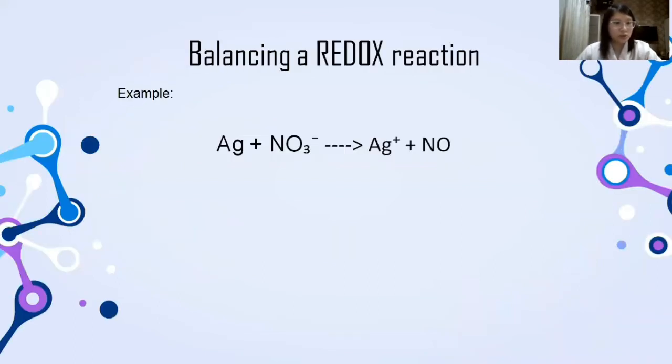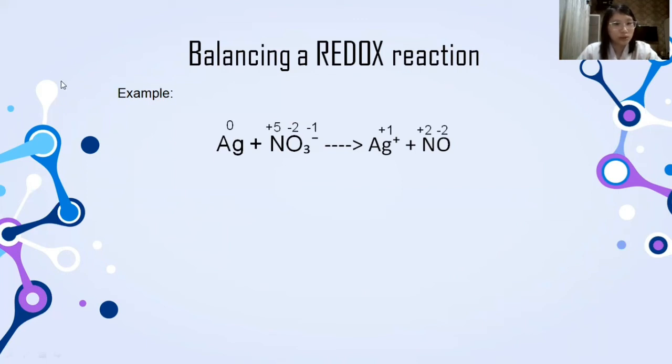Now let's learn how to balance a redox reaction. So for this reaction below, silver and nitrate ion yield silver ion and nitric oxide. So first we should find the charges to find which reaction will have oxidation and reduction.